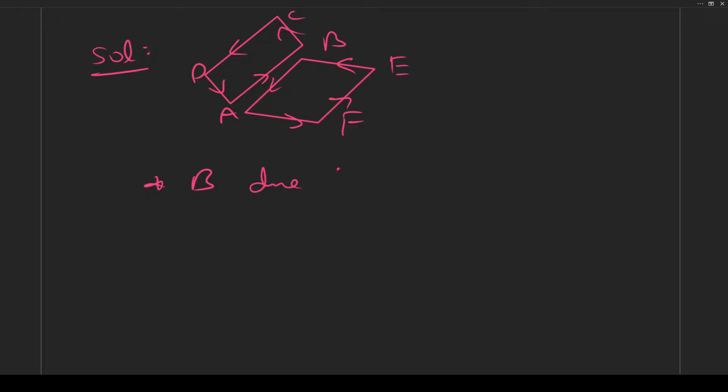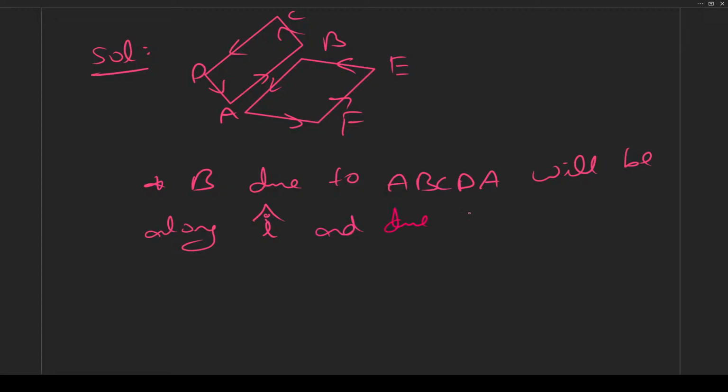B due to A, B, C, D, A will be along I direction, I cap, x axis, and due to A, F, E, B, A, basically if we take the direction of loop, we will get the direction of the magnetic field lines.